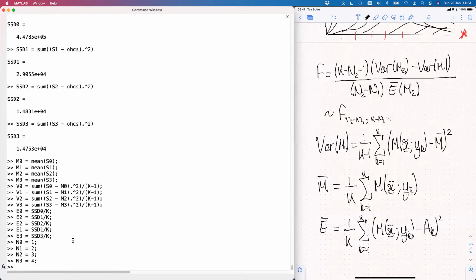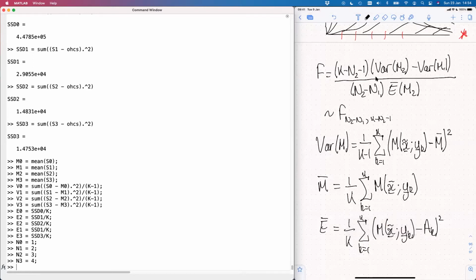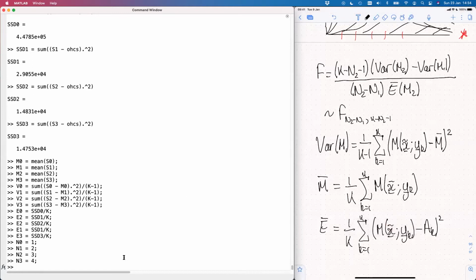So I think now I'm in a position to start computing these F statistics. Let's start by performing this test between models 0 and 1. So we'll compare our constant model with our linear model.